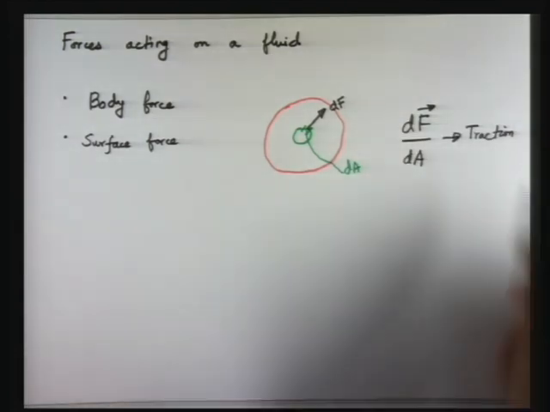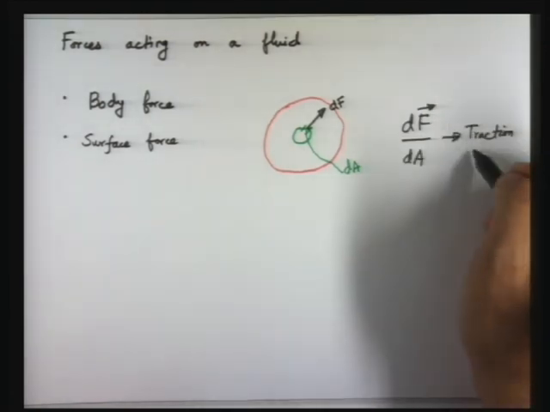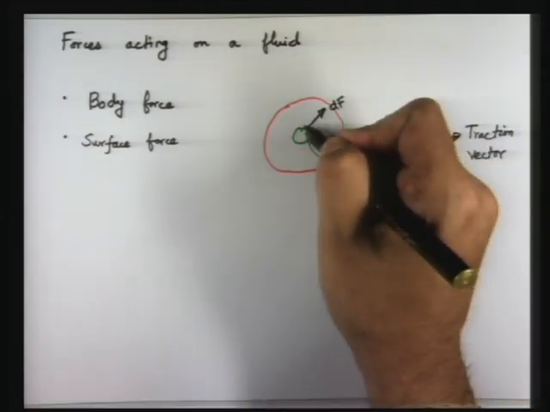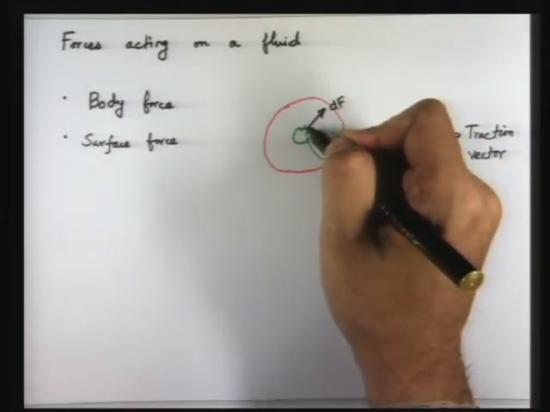Now the question is, this traction vector has a certain direction, so it is like a vector, but it is something more general than a vector. Why is it more general? Let us investigate this. We have taken the area dA in the manner drawn in this diagram.